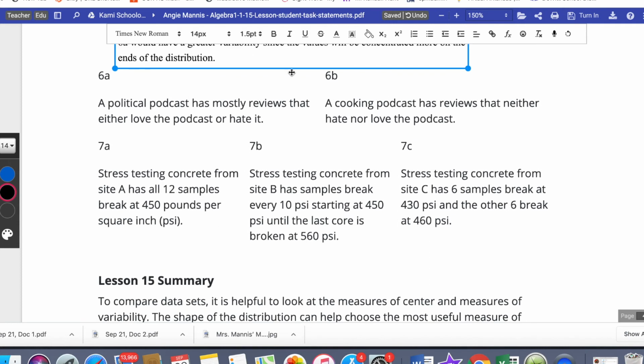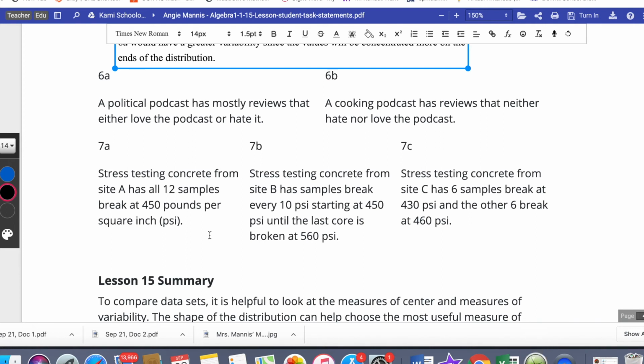Okay, looking at 7A. Stress testing concrete from site A has all 12 samples break at 450 pounds per square inch. Stress testing concrete from site B has samples break every 10 psi starting at 450 until the last core is broken at 560. Stress testing concrete from site C has 6 samples break at 430 and the other 6 break at 460.